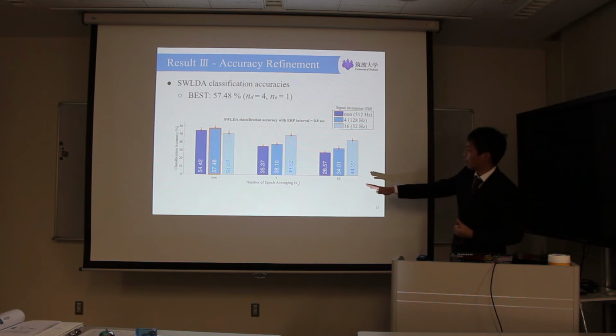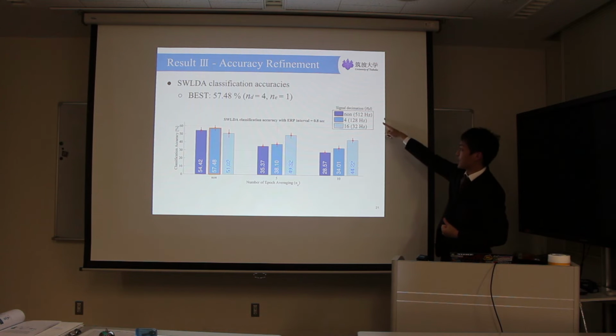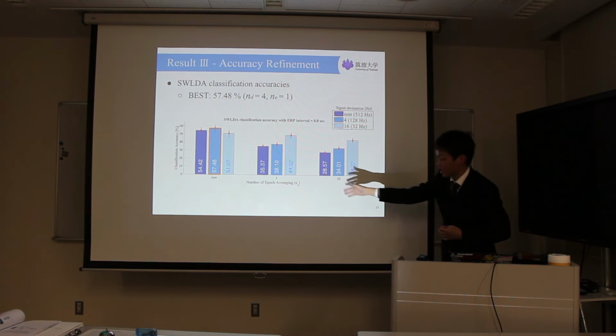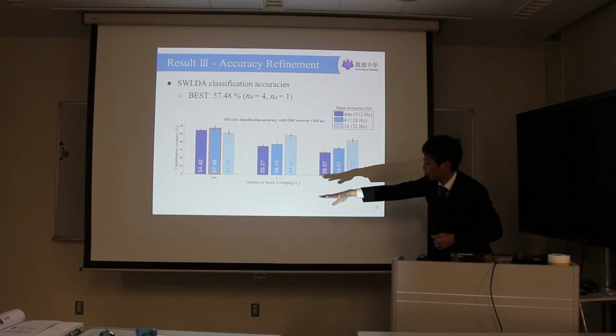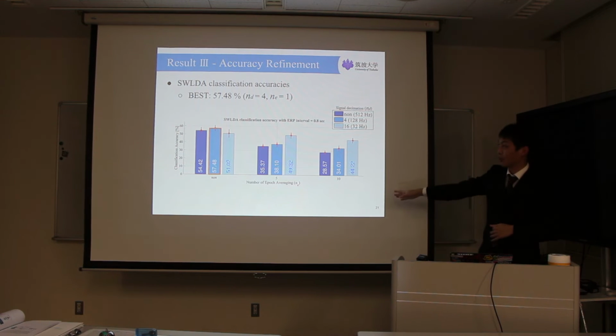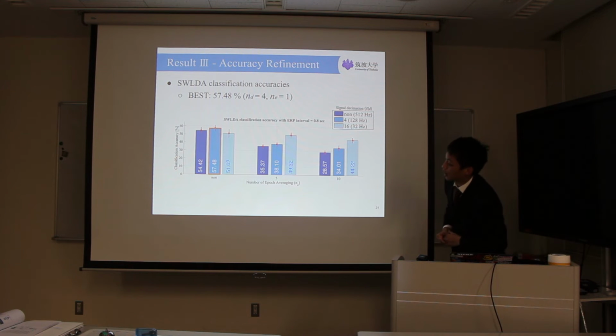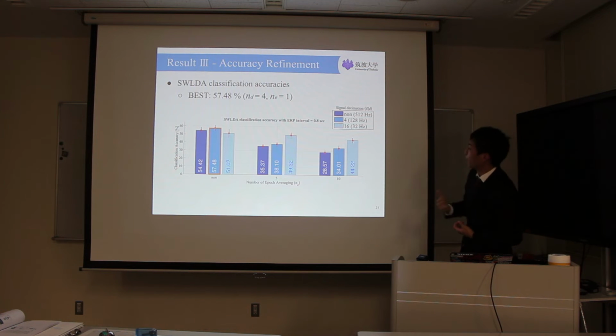Each bar shows the signal decimation factor difference, 1, 4, 16, and the horizontal axis shows non-averaging, 5 averagings, and 10 averagings. The y-axis shows the classification accuracy. The best result was with no epoch averaging and a decimation factor of 4.